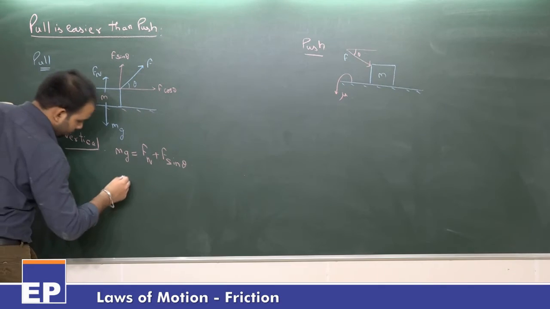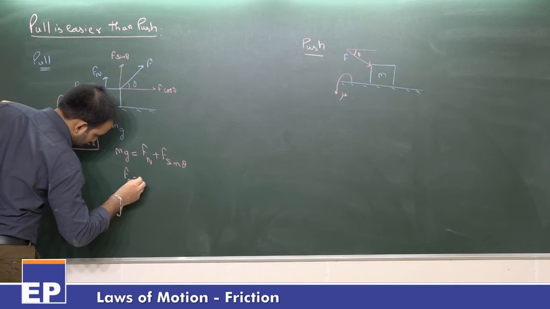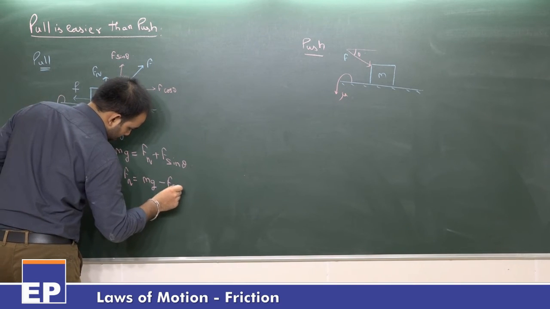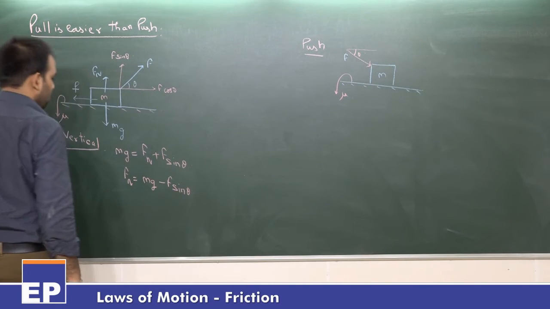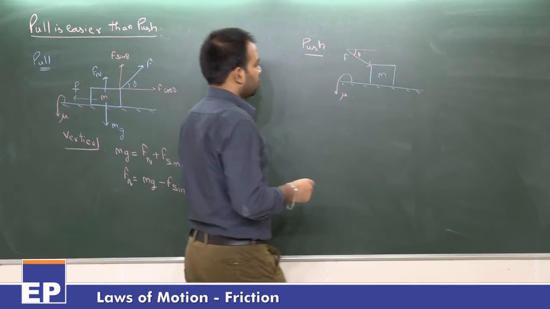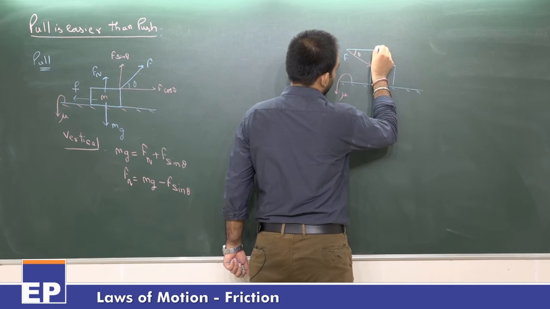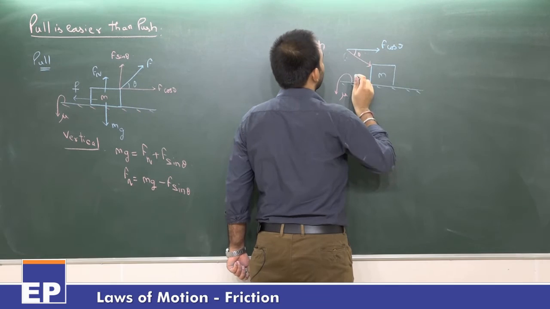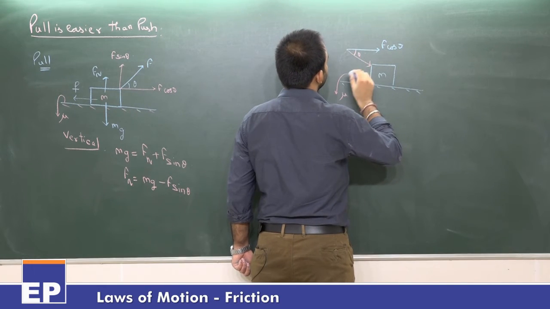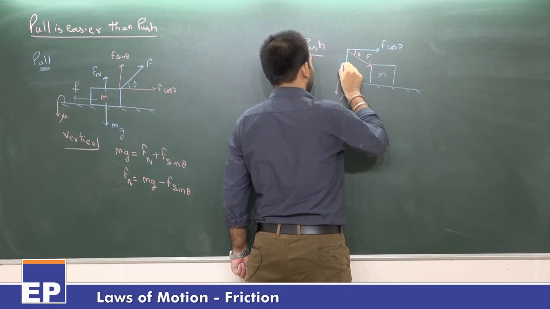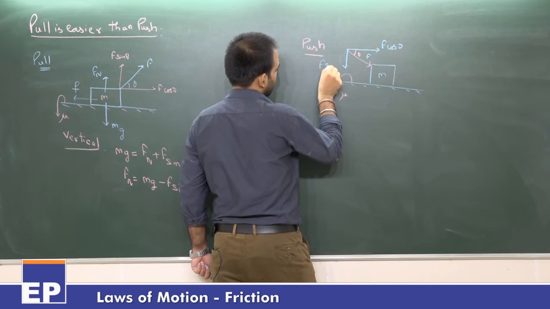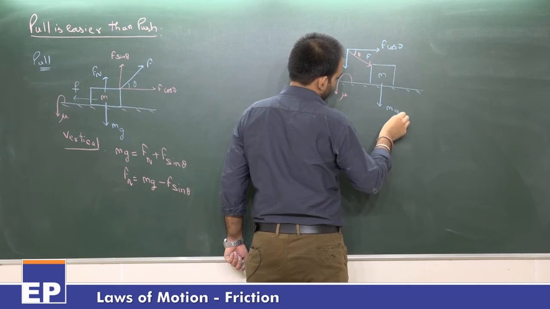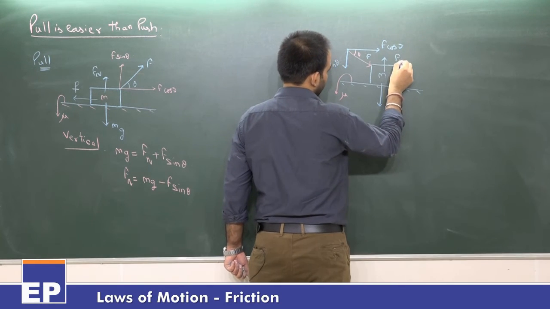So what is Fn? Fn is mg minus F sin theta. Now calculate in the push case. F cos theta is in this direction, F sin theta is in this direction. Mg is acting downward and Fn is acting upward.